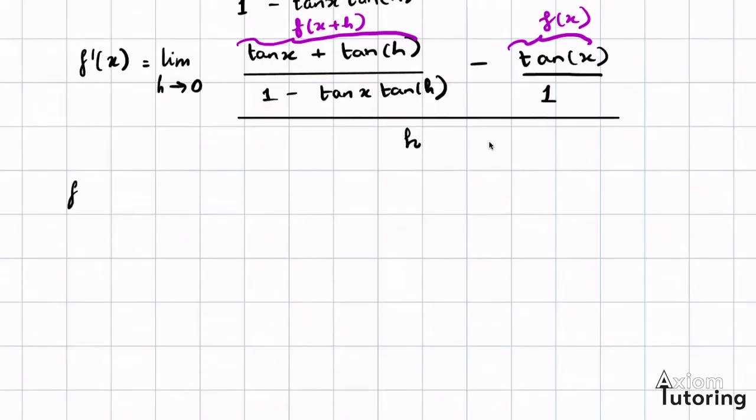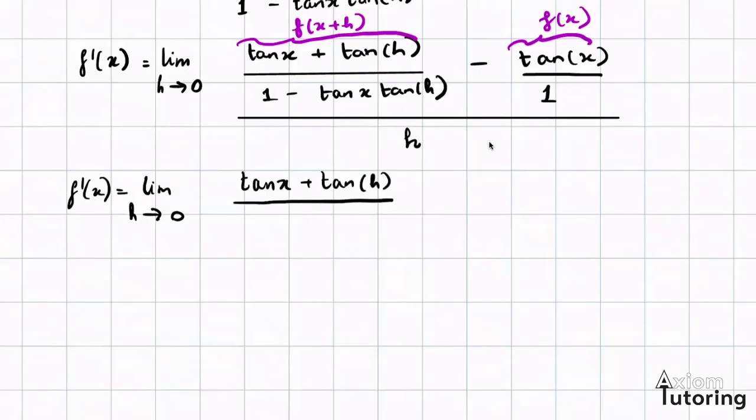f dash x equals the limit as h tends to 0. Now, that first term is going to stay the same, tan x plus tan h over 1 minus tan x tan h. But then I want to multiply the fraction on the right by 1 minus tan x tan h, so I can make the denominators the same.